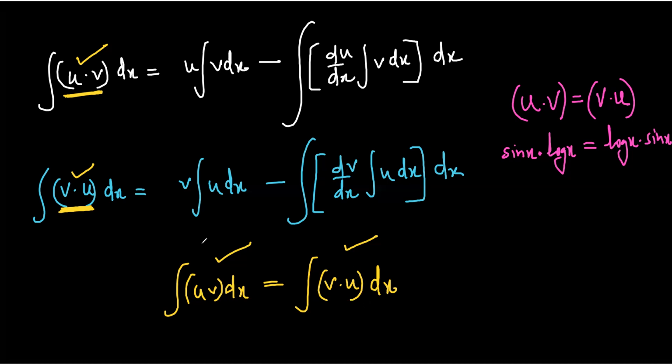That is why we have to choose one of them and proceed. u into v is same as v into u. Sin x into log x is same as log x into sin x.